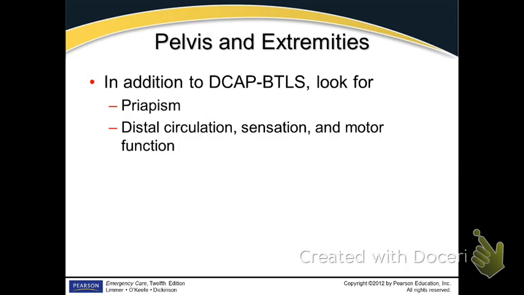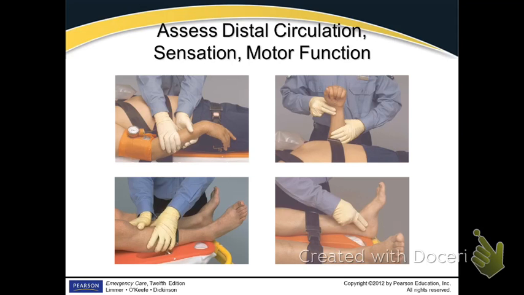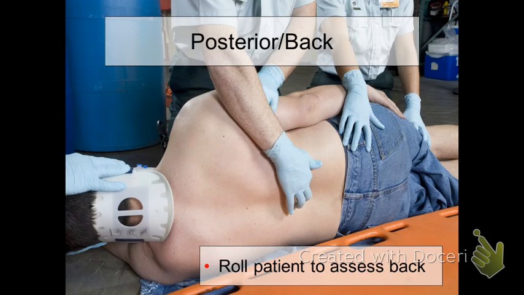It's telling you that the patient has a high potential of a spinal cord injury. Make sure you always check CMS, circulation, motor, and sensation in all 4 extremities, like they're showing here. Before you place them on the backboard, you do a log roll and you examine the back. You're palpating down the midline, down the spinal column to see if there's any deformity or crepitus or any tenderness there as well.